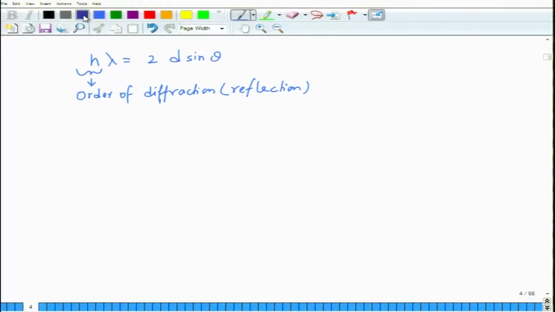Okay. Now, what it means basically is that let us say if you have 1 0 0 plane, for 1 0 0 plane imagine n is equal to 1, then this becomes n lambda is equal to 2 d 1 0 0 sin theta 1. Okay. Fine. Now, what does d 1 0 0 mean?